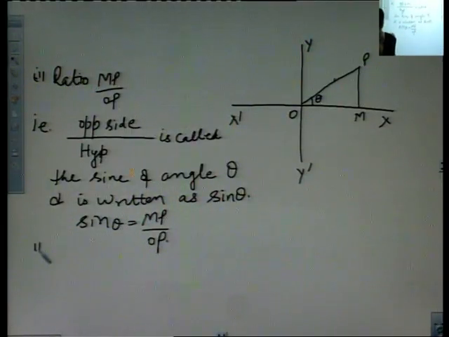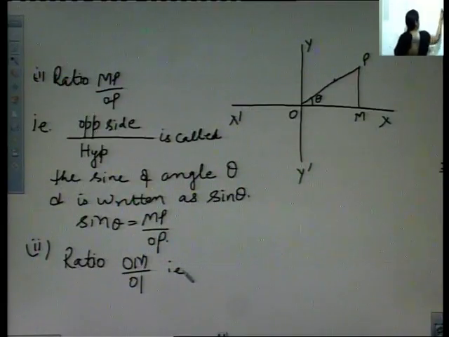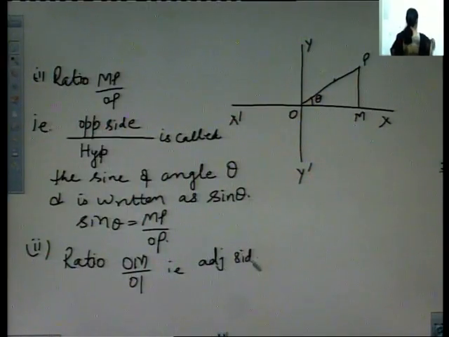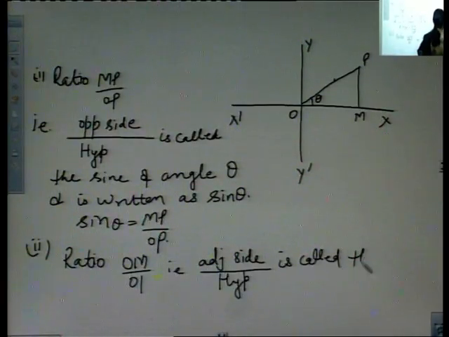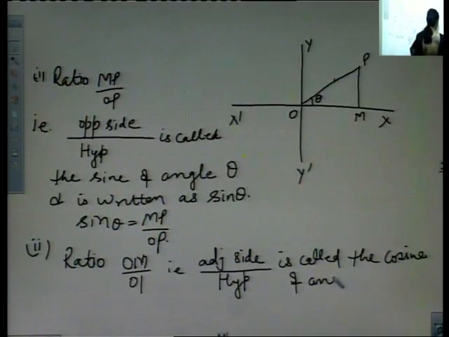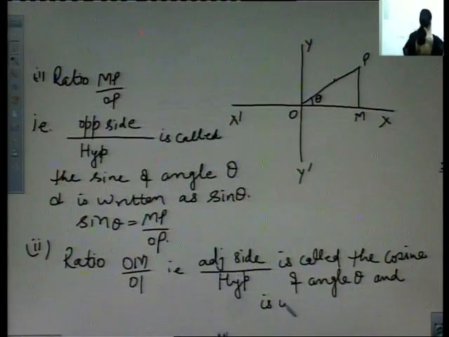Now, number 2, the ratio OM upon OP, that is adjacent side upon hypotenuse, is called the cosine of the angle theta and is written as cos theta.